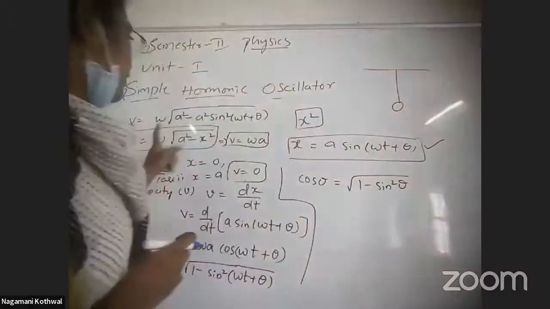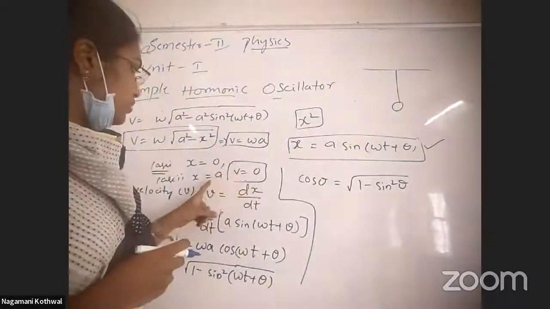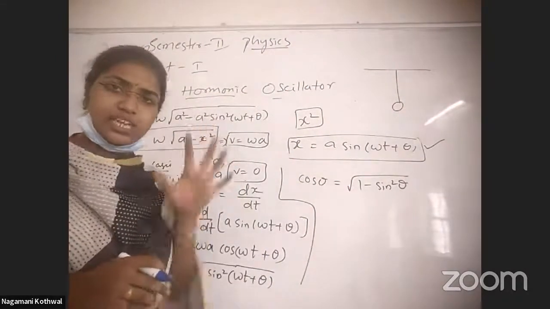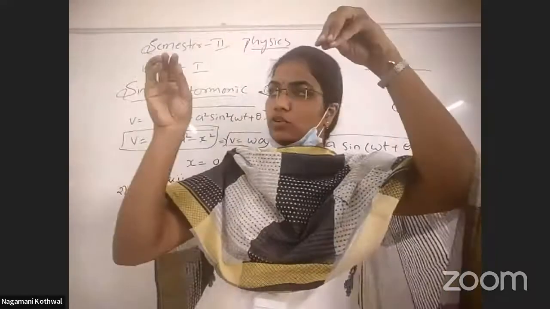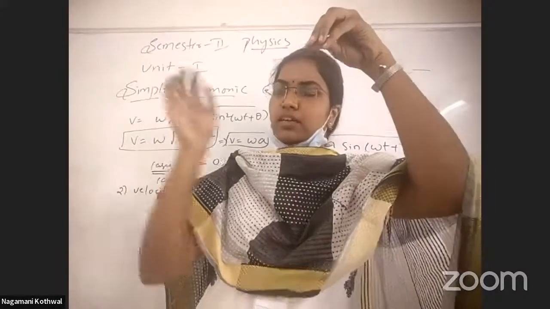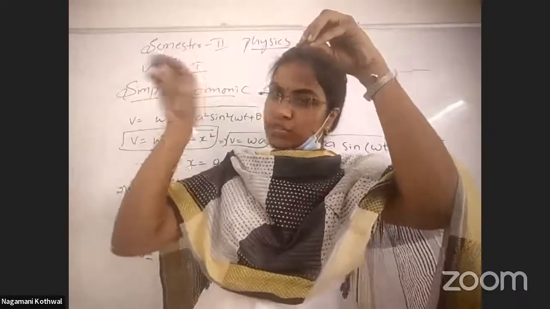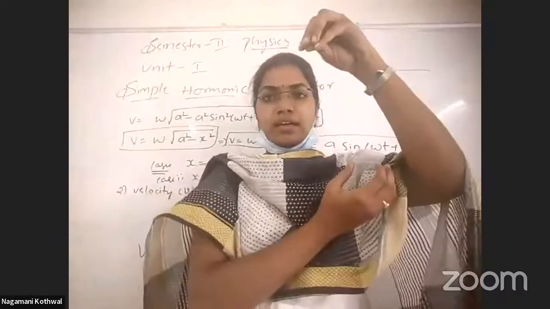Whenever the pendulum is at the extreme position, the velocity is 0. It is as simple as this. For example, this is the pendulum: when it goes to the maximum position, its velocity is 0 at that position, then it will come back.